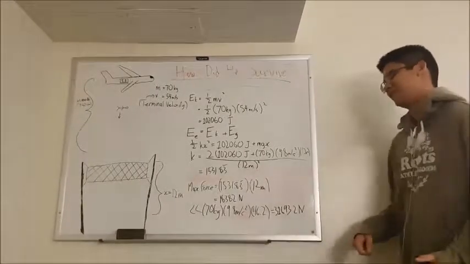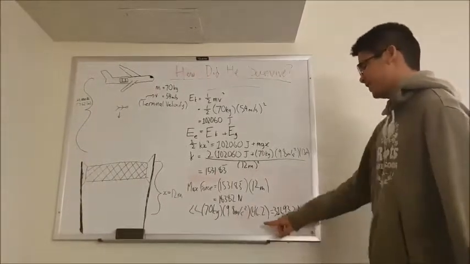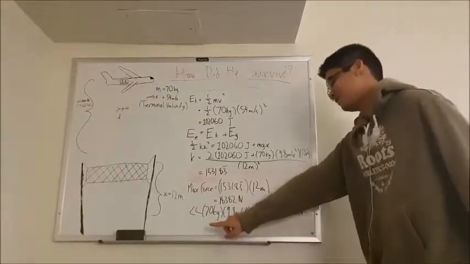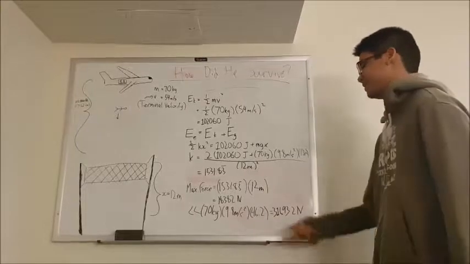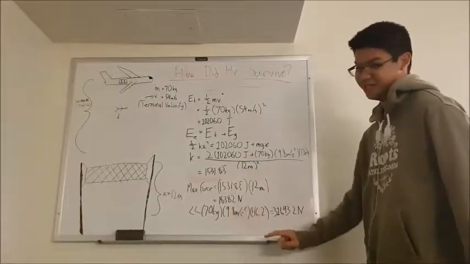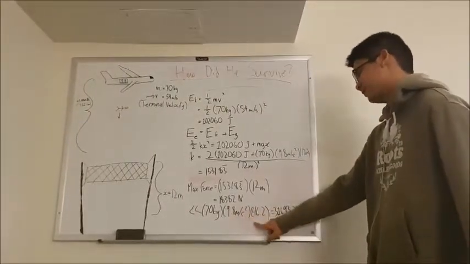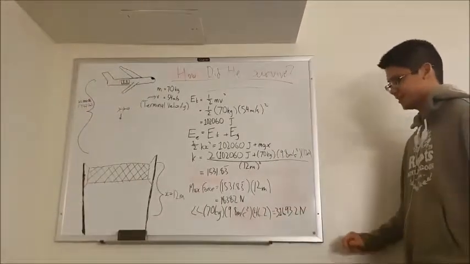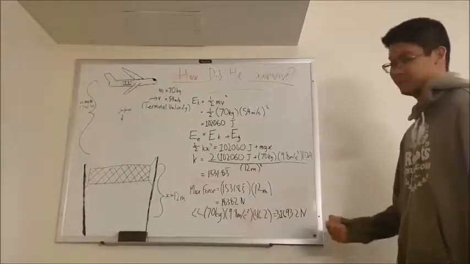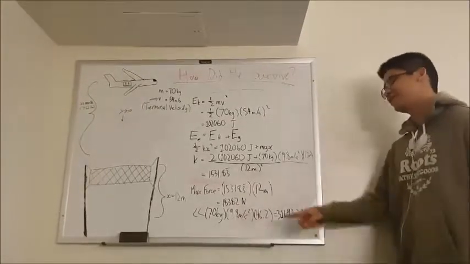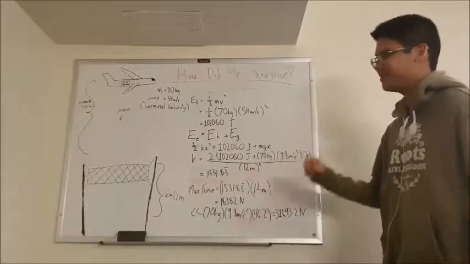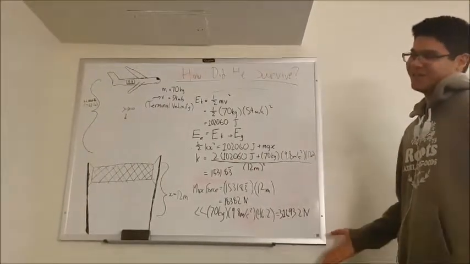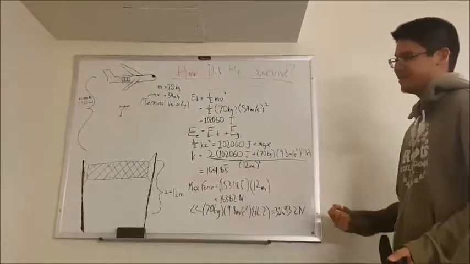So when calculating what the skydiver could survive, we take 70 kilograms, the mass of the skydiver, times 9.8, and then multiply that by a factor of 46.2, and we get 31,693.2 newtons. Therefore, since the max force exerted by the net on the skydiver is way less than this number, we can say that he safely survives the impact of the fall.